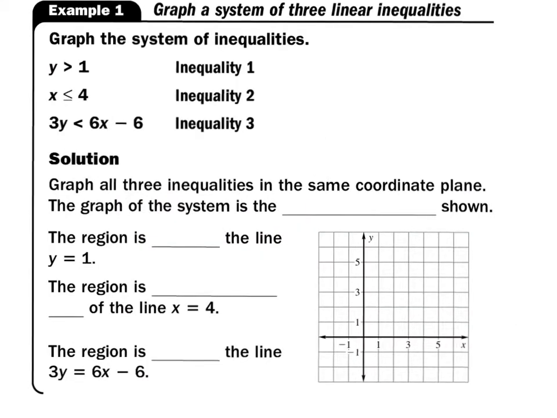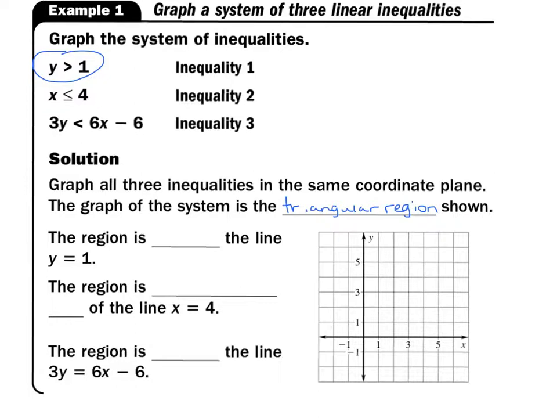Our first example, we're going to graph a system of three linear inequalities. When we do this graph, all three lines are going to help to create a triangular region of shaded overlapping areas. We're going to start with y is greater than 1. To graph this, we're going to graph the equation of y equals 1.